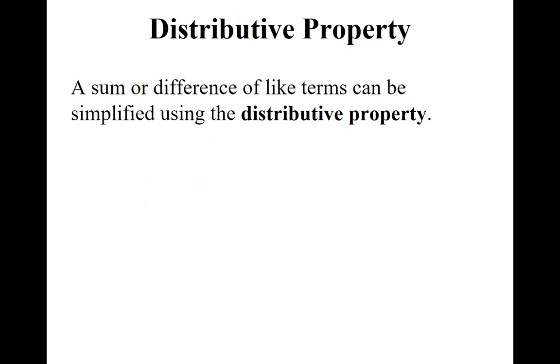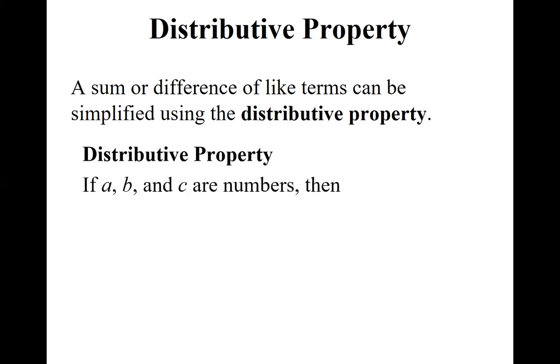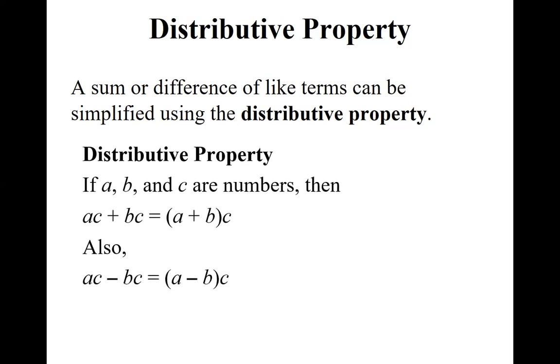Let's review the distributive property. I warned you that once we get to x's, the distributive property would be important, and we would need to know that AC plus BC, for instance, is A plus B times C. AC minus BC is A minus B times C. And that goes both ways.